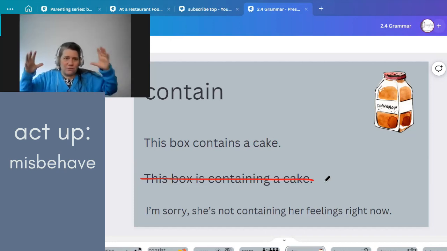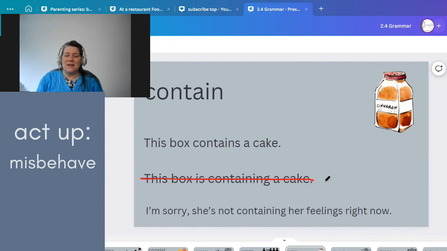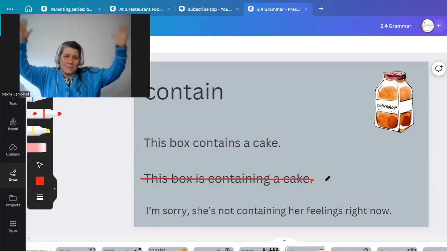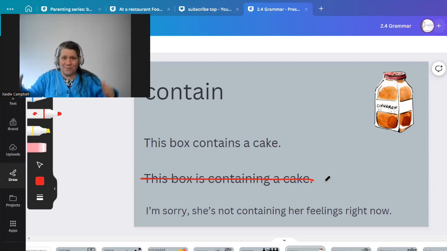Someone's being all wild. We might say, contain yourself. Come on. Be a little less crazy. Contain yourself. I'm sorry, she's not containing her feelings right now because she's letting them all out of the container. That's a dynamic action.